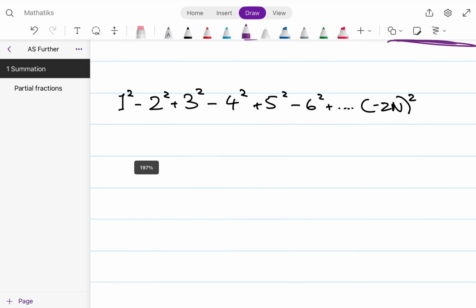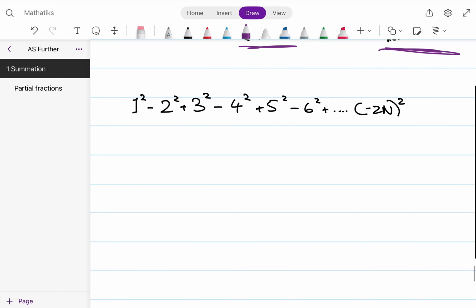So here you can see, let's do this one first. Here you can see you have odd numbers, 1 squared plus 3 squared plus 5 squared. And then your even numbers are all negative, right? Minus 2 squared, minus 4 squared, minus 6 squared.